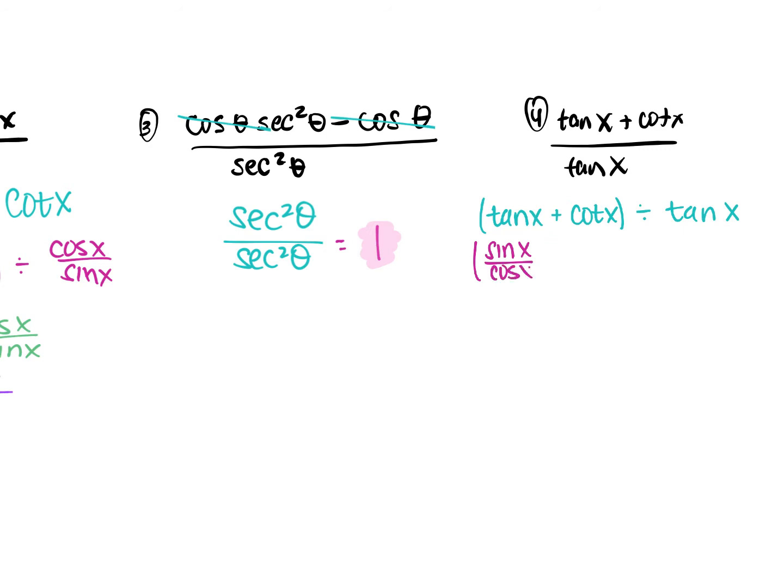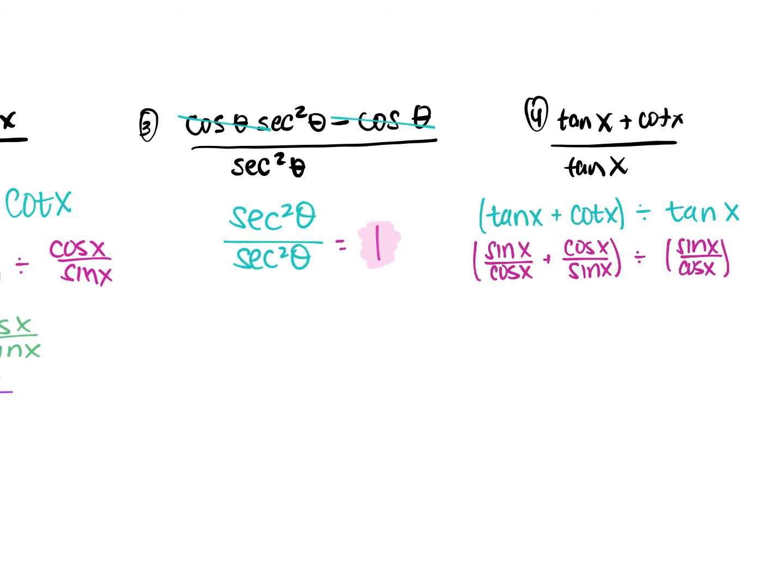It's never going to be 1 over cosine; 1 over cosine is your secant. For cotangent, it's cosine over sine. So you can rewrite your cotangent x as cosine x over sine x. And then your tangent x in your denominator is the same thing as sine x over cosine x.